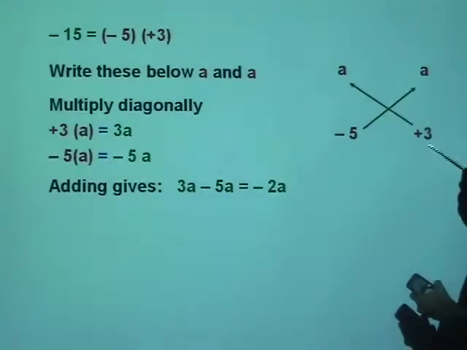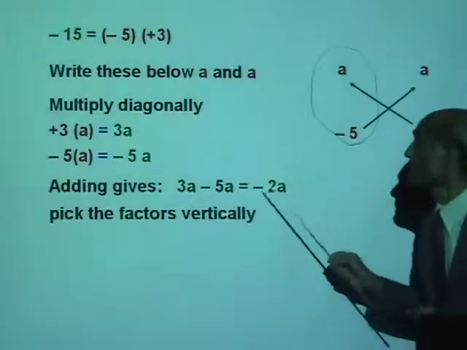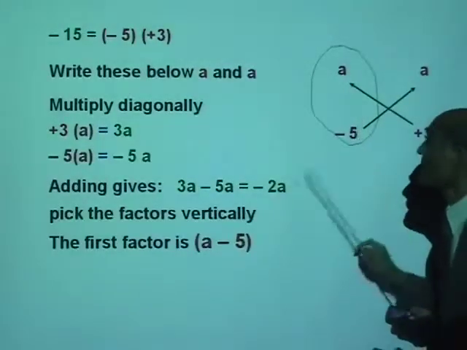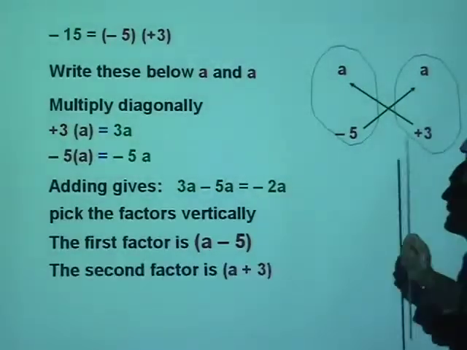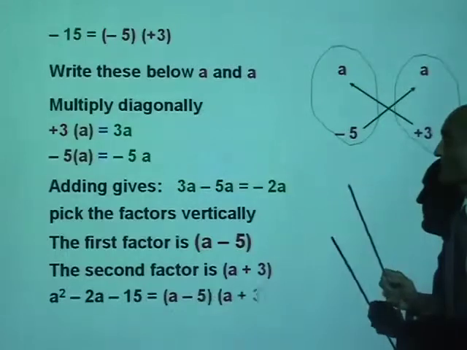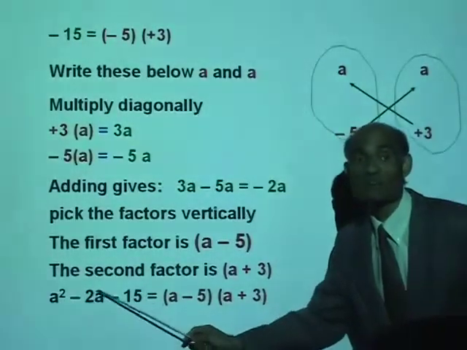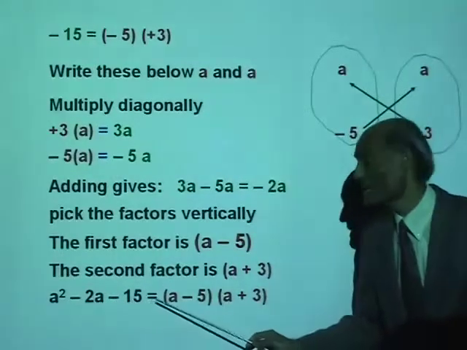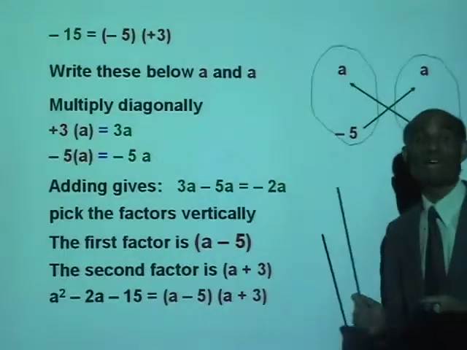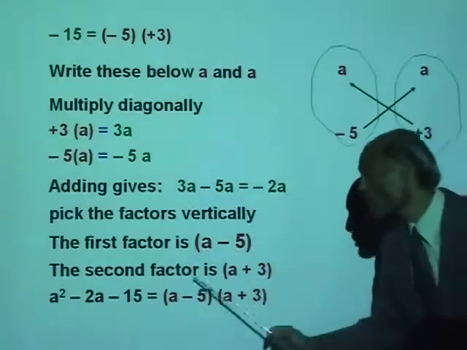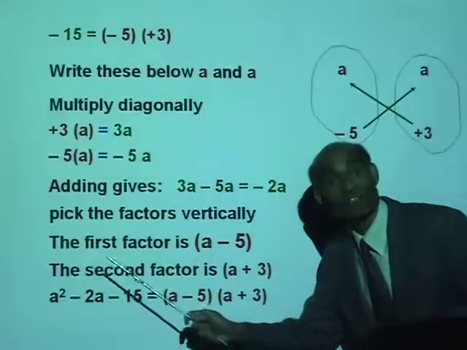Our second factor is a plus 3. Therefore, our trinomial a squared minus 2a minus 15 is factored as a minus 5 times a plus 3. If you multiply these out, you will get that trinomial. Yes, try it out.